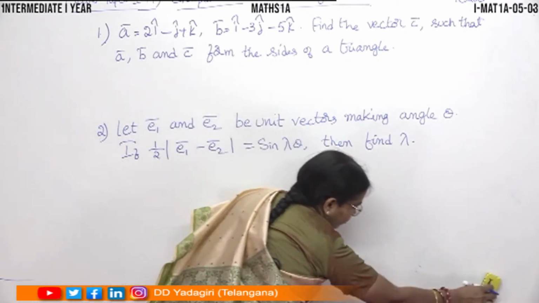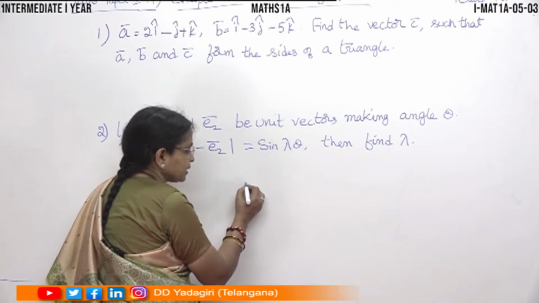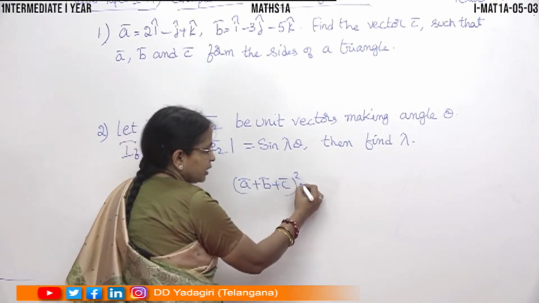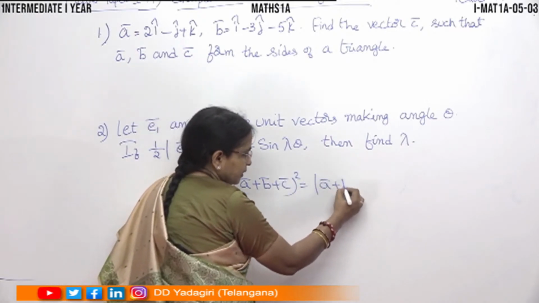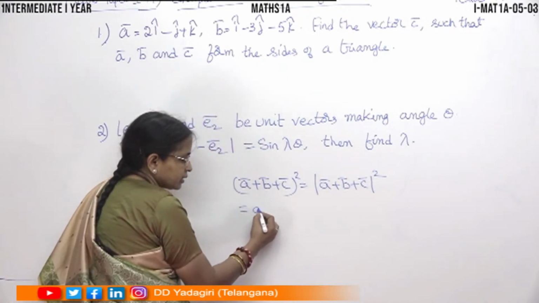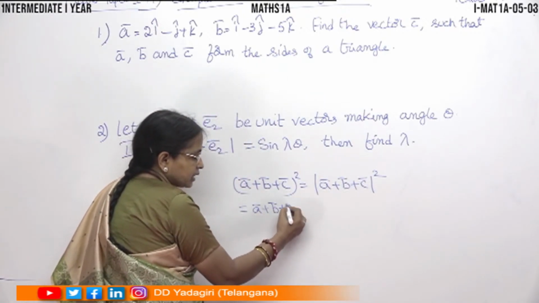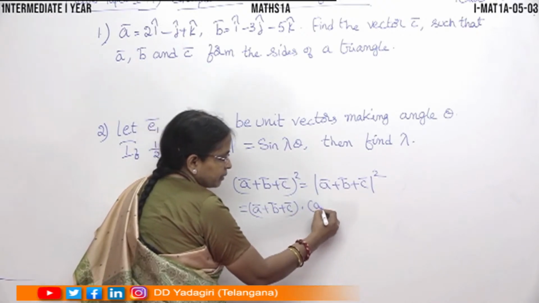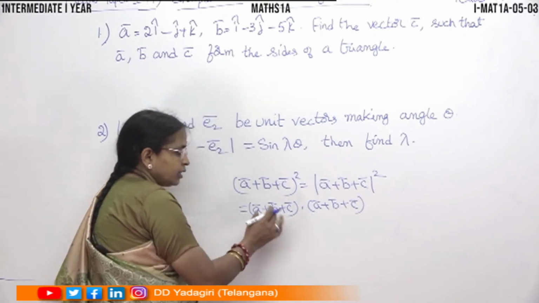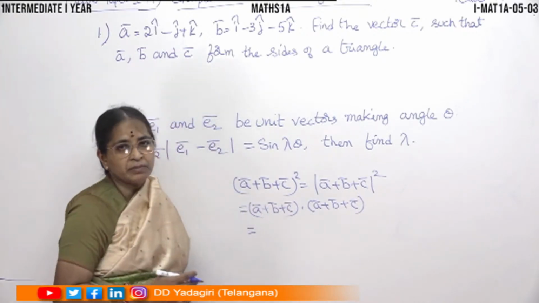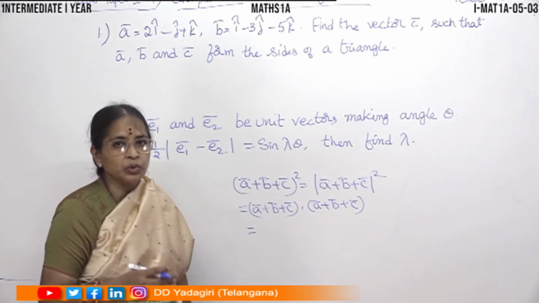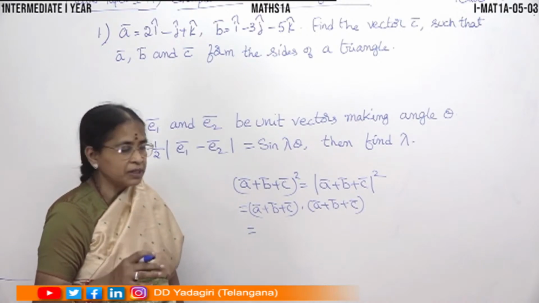Now in the same way, we have A plus B plus C whole square, which is mod of A plus B plus C whole square, both are same. And then you can write this as A plus B plus C dot A plus B plus C. You know the expansion of A plus B plus C whole square: A square plus B square plus C square plus 2AB plus 2BC plus 2CA.